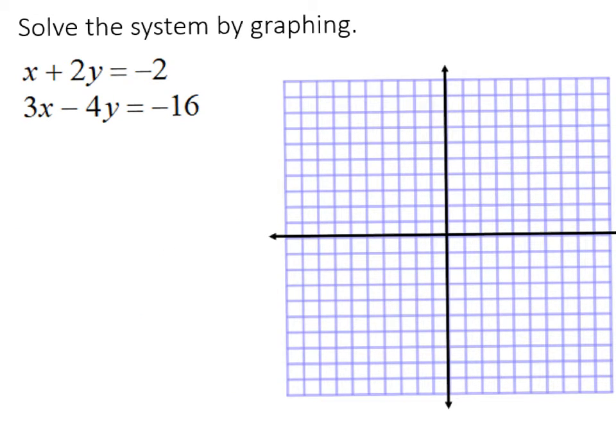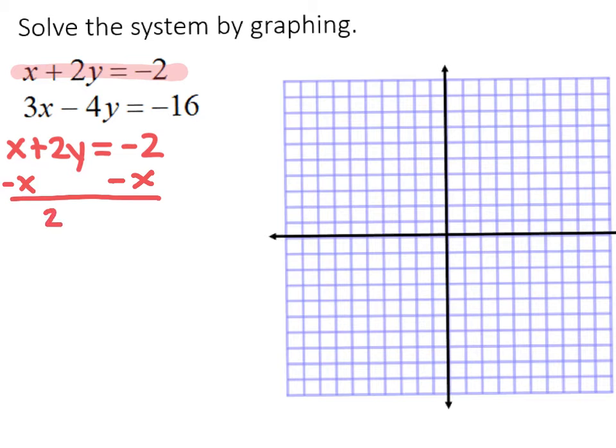In our next example, the first equation is x plus 2y equals negative 2. If I want to solve to get y by itself, I first have to move the x by subtracting x from both sides. So I'm left with 2y equals negative x minus 2. Then, to finish getting y by itself, I divide everything on both sides by 2.